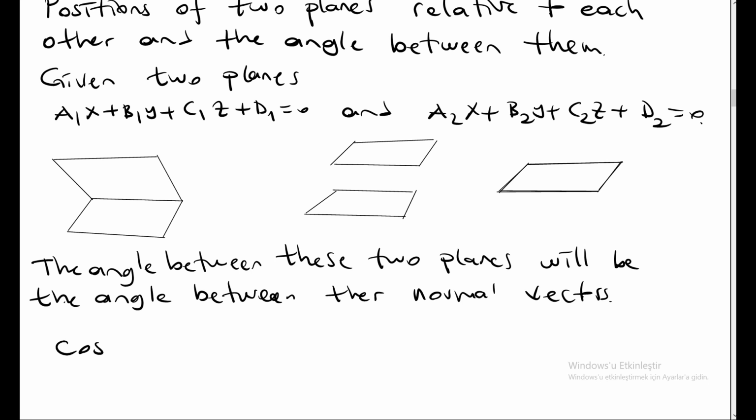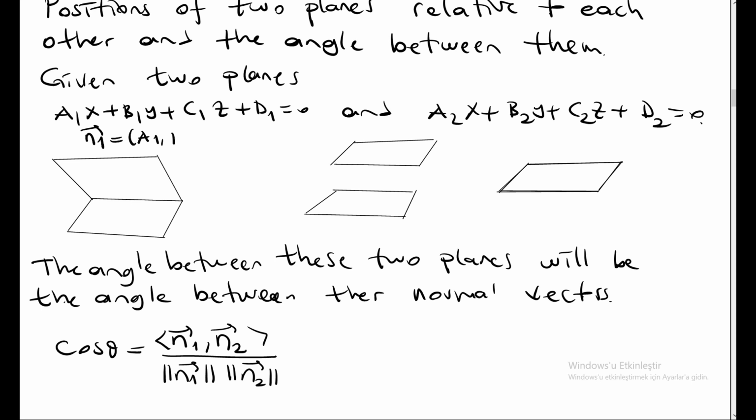So I can write this one. Cosine of theta equals n1 inner product n2 over the lengths of n1 and n2. So here n1 is a1, b1, c1, n2 is a2, b2 and c2.